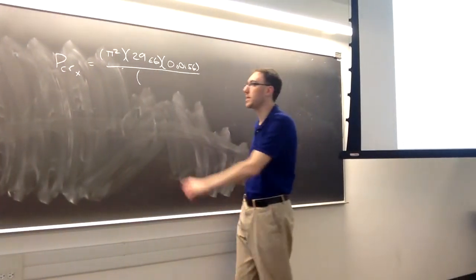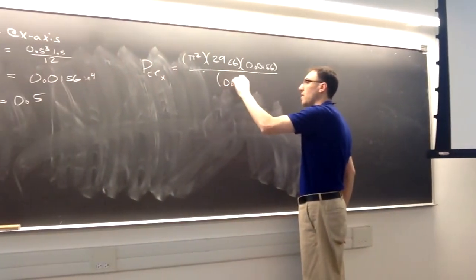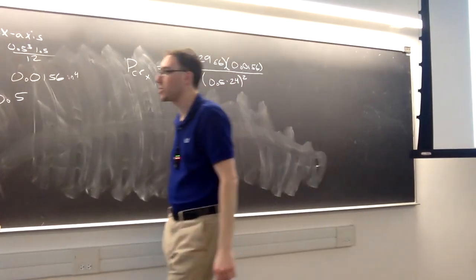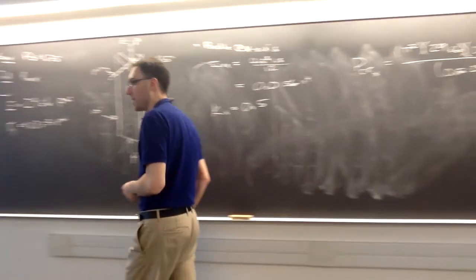Again, the effective length is this k value times our nominal length, and that quantity is squared. It's not just L, it's k times L that gets squared.